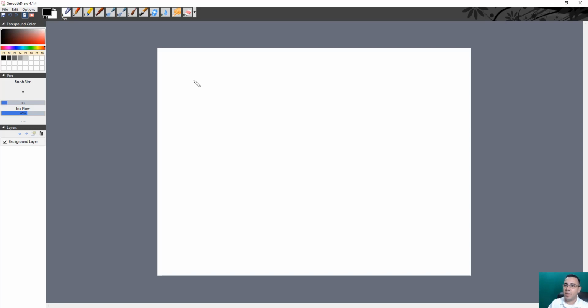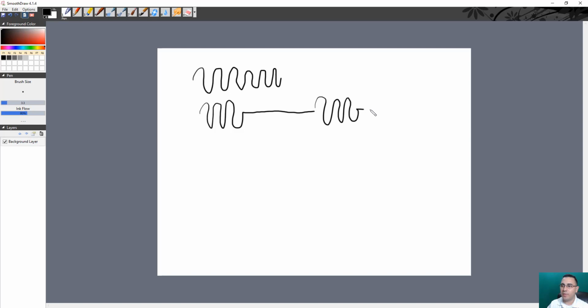All right, so with this continuous wave in here, the machine cannot make a picture. The machine needs what we call the on and off time. It needs a pulse wave.